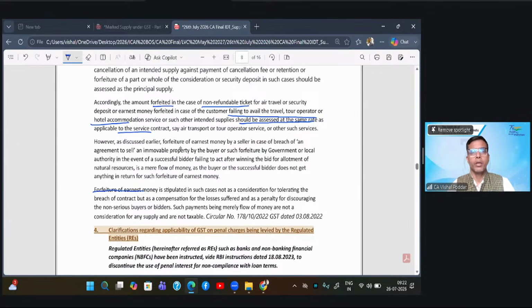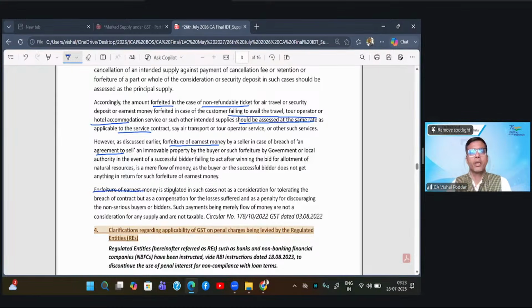However, another point is forfeiture of earnest money by a seller in case of breach of an agreement to sell. So whenever, let us say you have booked a flat and you have paid some amount and the builder has entered into an agreement to sell. Now, if before the flat is complete and you take the flat, for some reason you decide not to buy the flat and you cancel that particular facility.